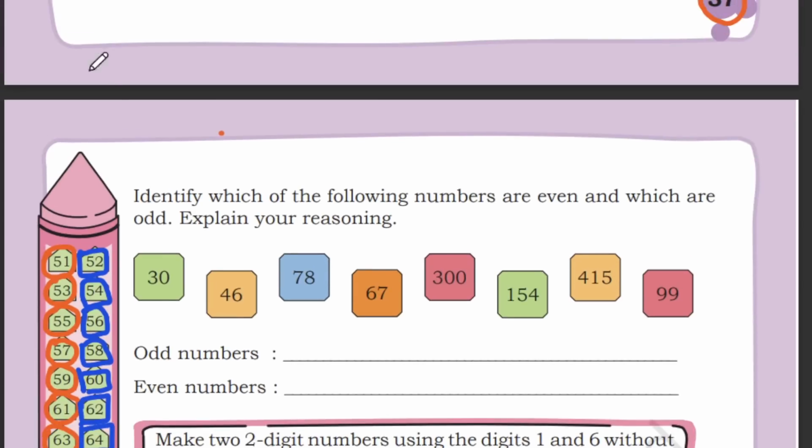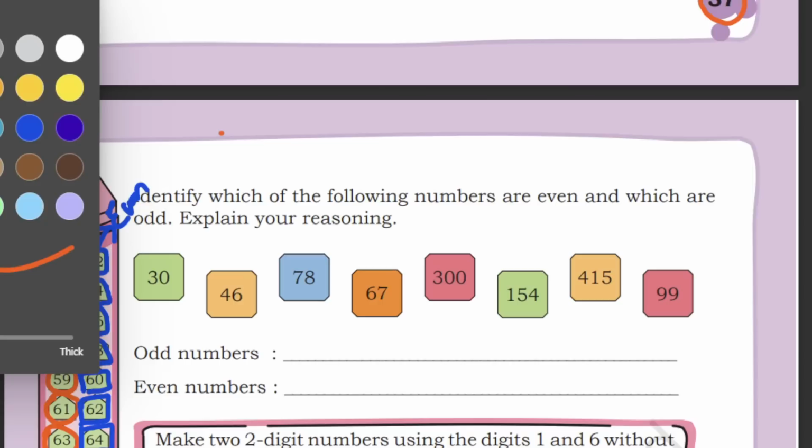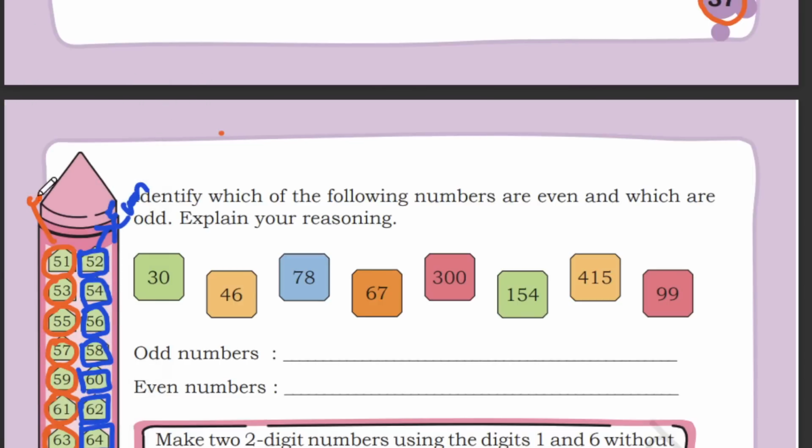Okay, so this row is the even numbers, and the orange one, this side, is the odd numbers.